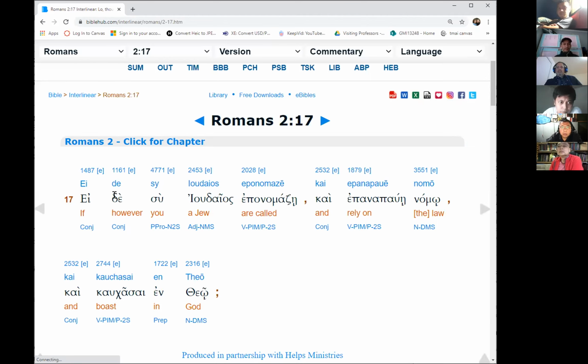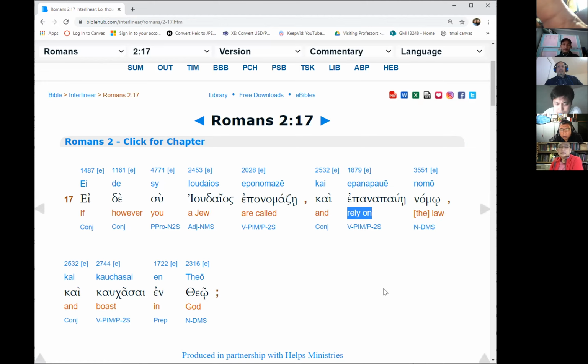Okay, but if you, a Jew, are called, so there's the verb, and notice here's a verb, and then the law. Now notice, rely on. So there's no preposition here before the law. And notice the interlinear does give the English idiom translation rely on or rely upon.